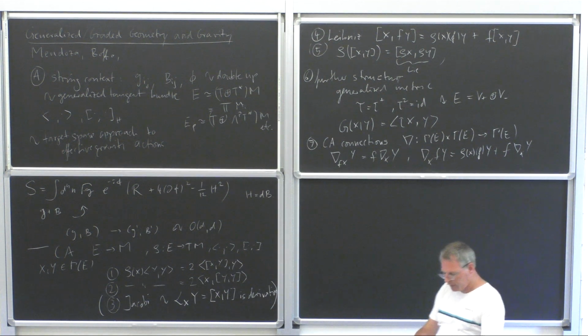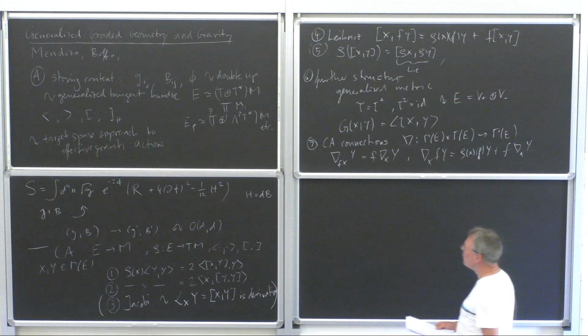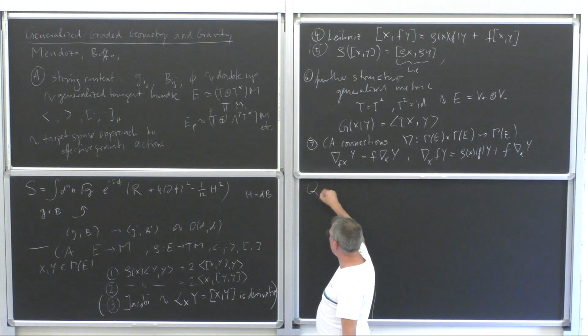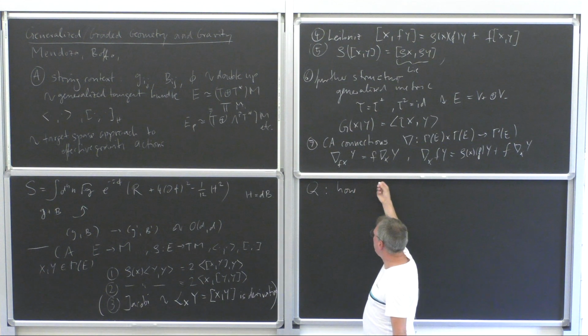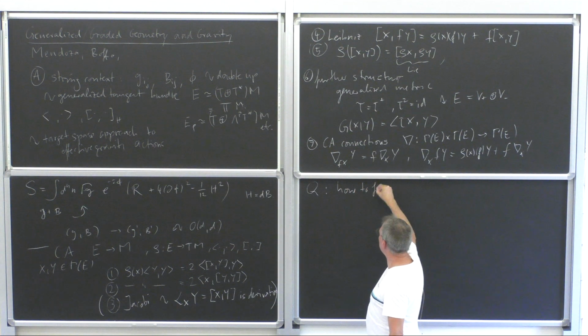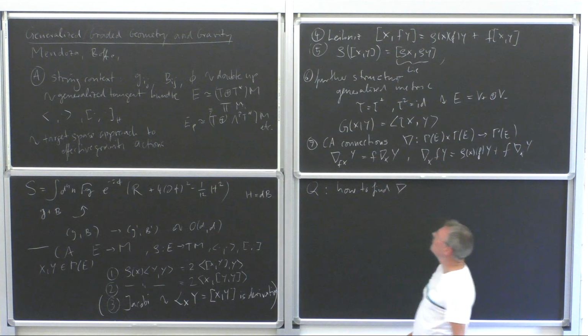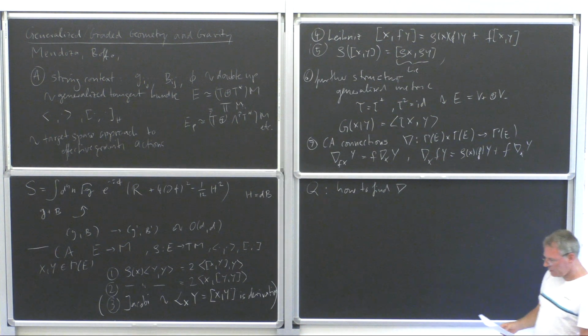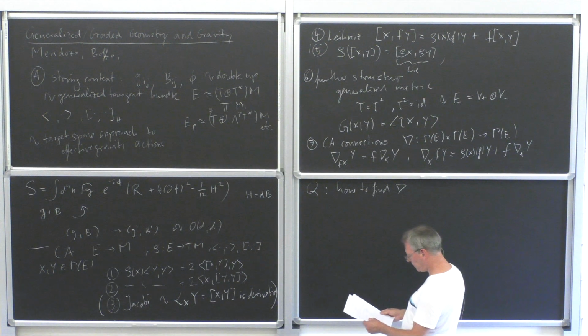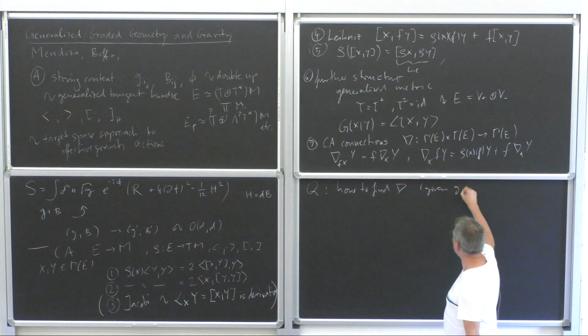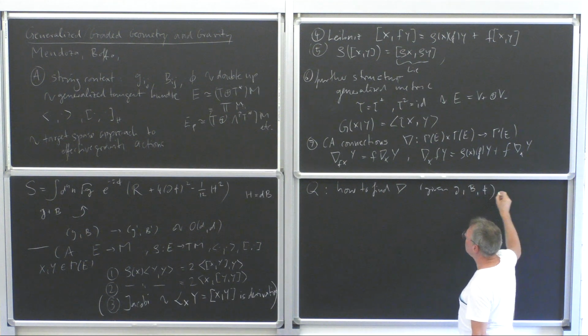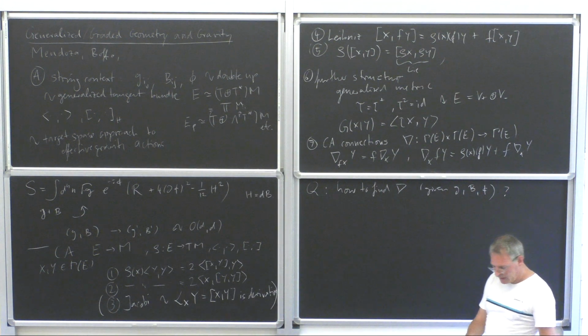Okay, that's all the thing that we want to have, and then there are some obvious questions, of course. How to fix or how to find an appropriate connection like this in terms of the given data, given G, B, phi.